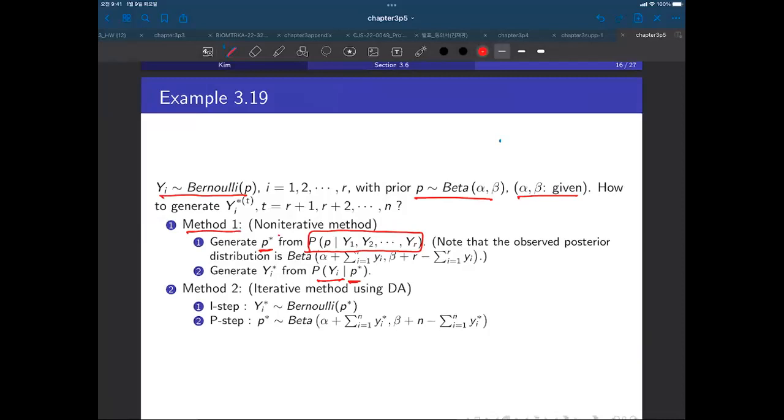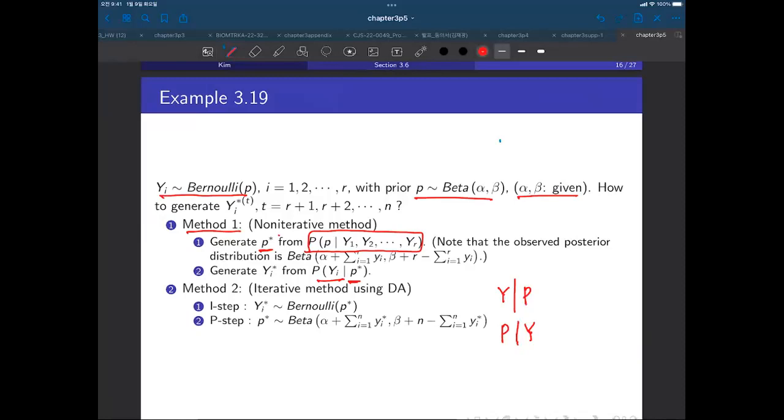Using the spirit of data augmentation, you generate Y given P, and you generate P given Y. Given P, you can generate Y from Bernoulli P, and given Y, you can generate P from a beta distribution, right? This is the usual.